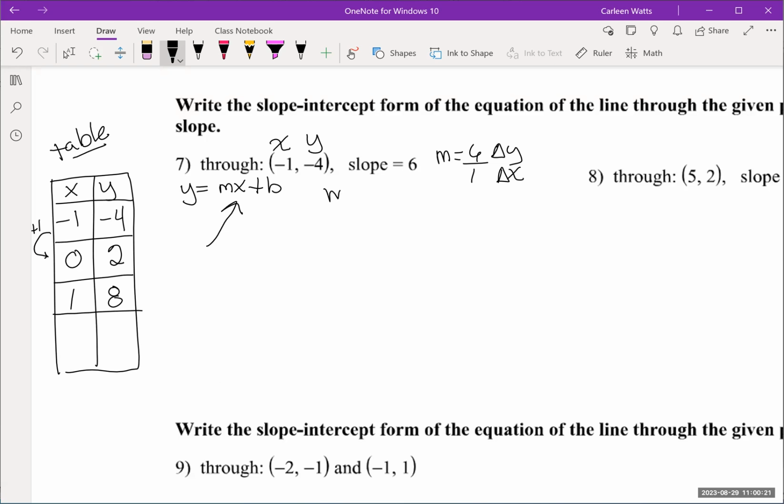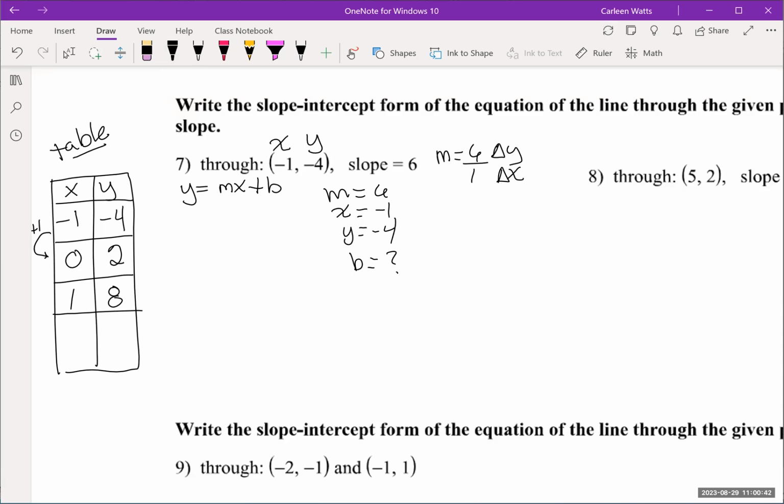So I know M. I have an X value. I have a Y value. I do not have B. So what do you think we are going to do with our M, our X, and our Y value?